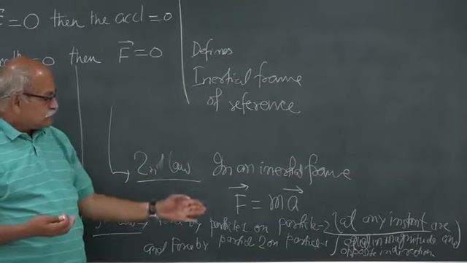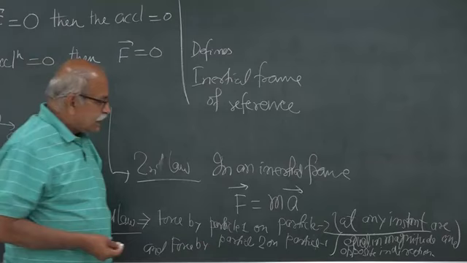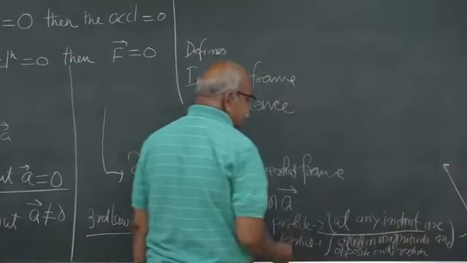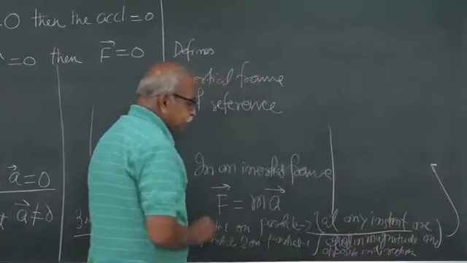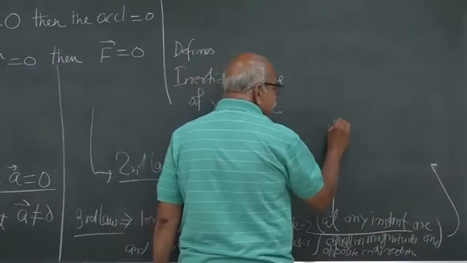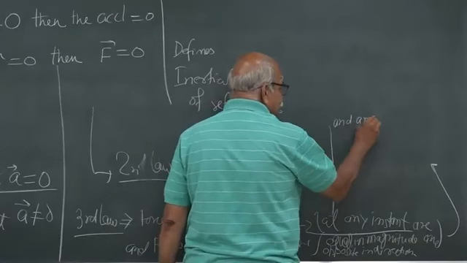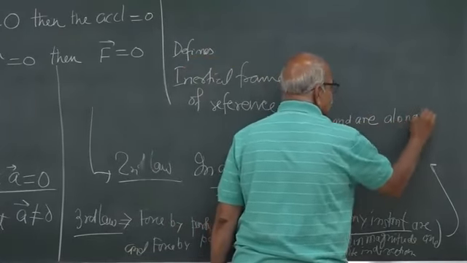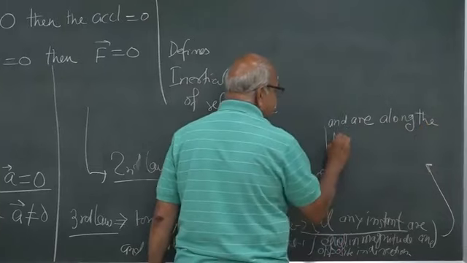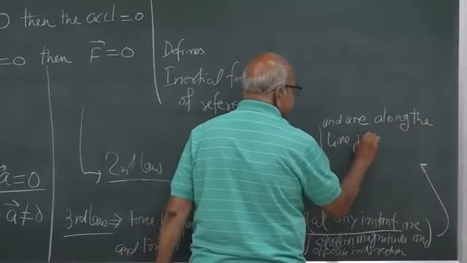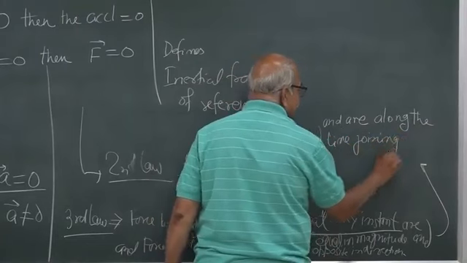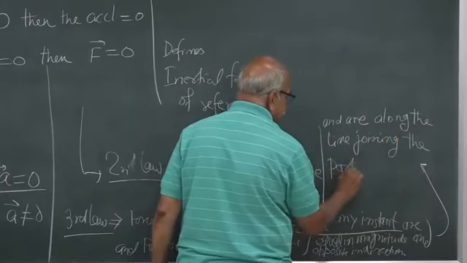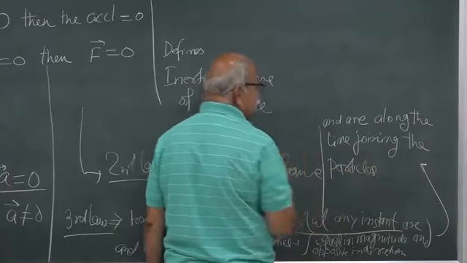Here also there is yet another thing which we can add in the Newton's third law, that are these forces along the line joining the particles, this also you can add.